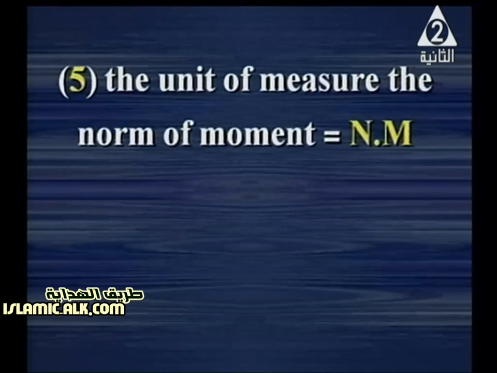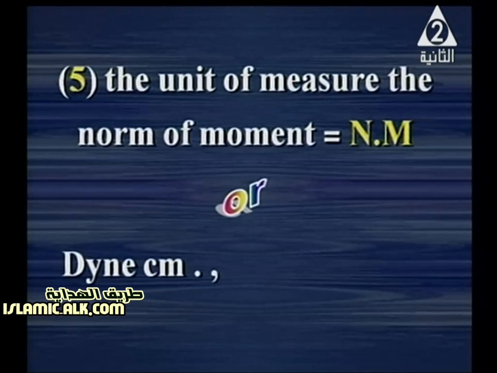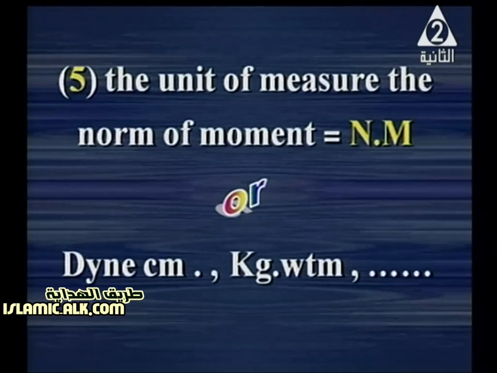Number 5: the unit of measure. The norm of moment is in Newton meter. What is N? N is Newton, the unit of the force. Meter is the unit of R. Or dyne centimeter.